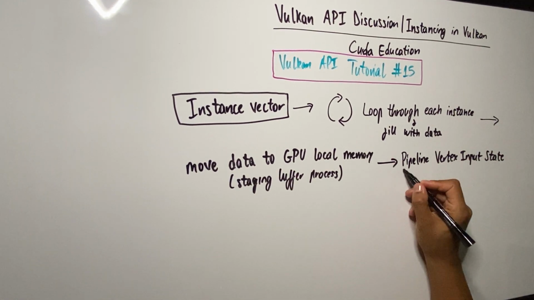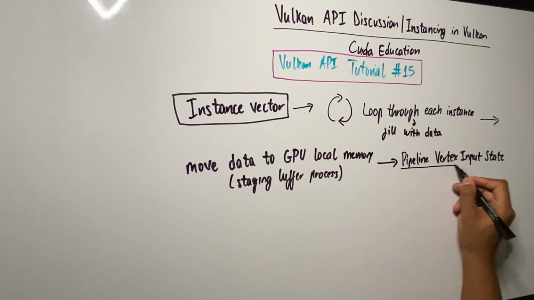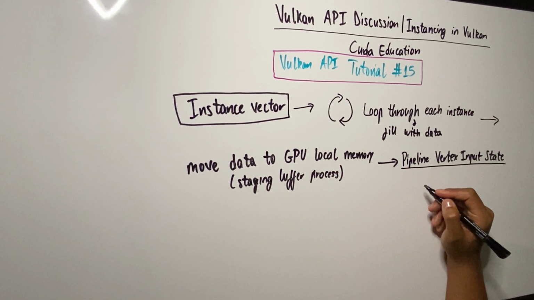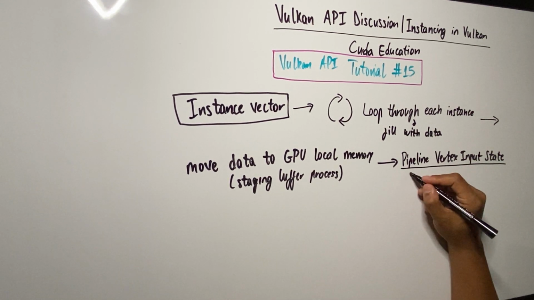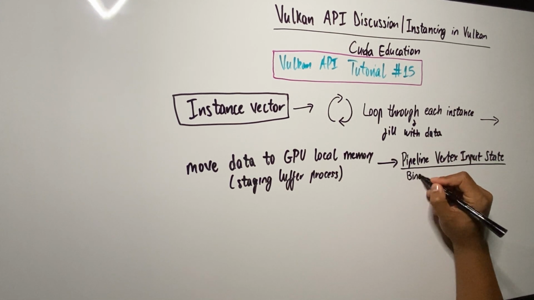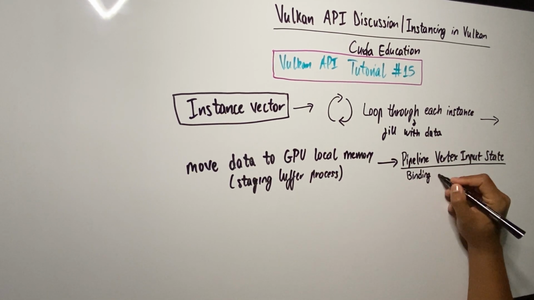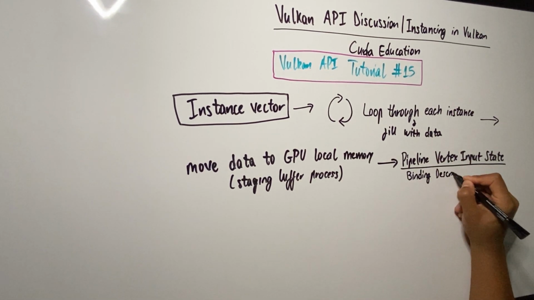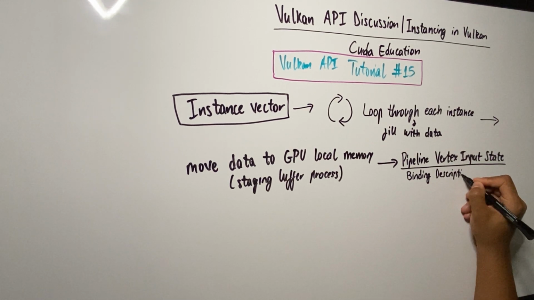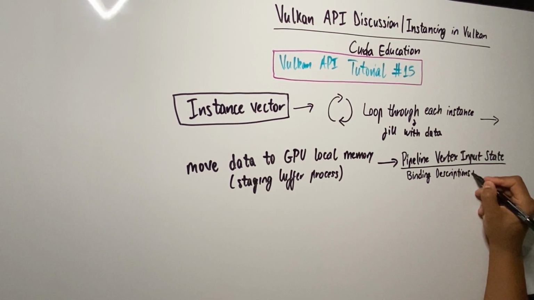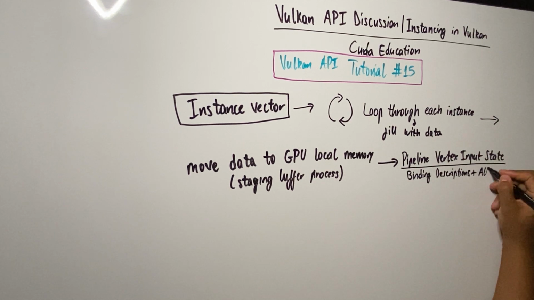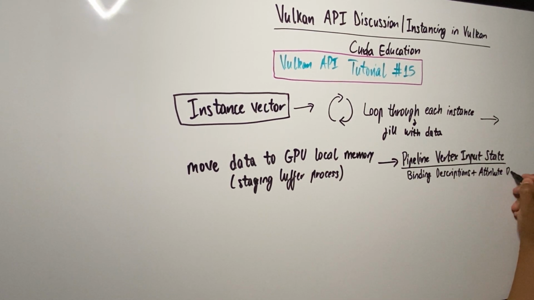And as you should know by now, when you're talking about pipeline vertex input state, you're talking about binding descriptions plus attribute descriptions.